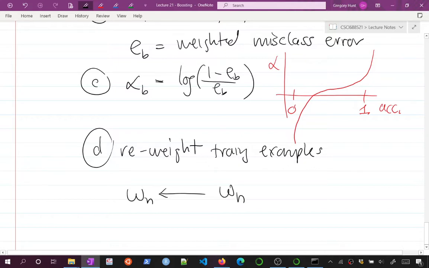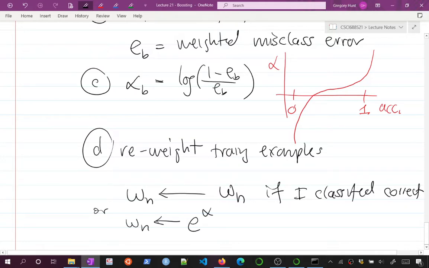And it's going to just stay the same as Wn if I classified correctly, or Wn is going to be updated to e to the alpha b times Wn if I classified incorrectly on that iteration.